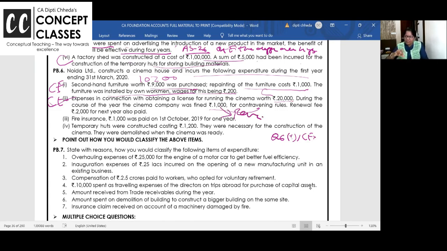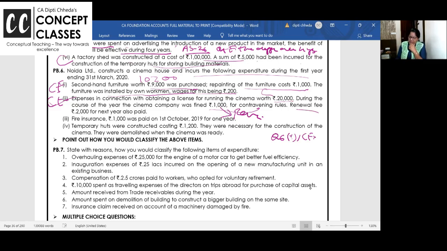In one question they have asked for detail, so you answer it bit by bit. Question number 6, second bit. Capital expenditure, 20,000, for obtaining the license. Penalties and all are revenue expenditure.